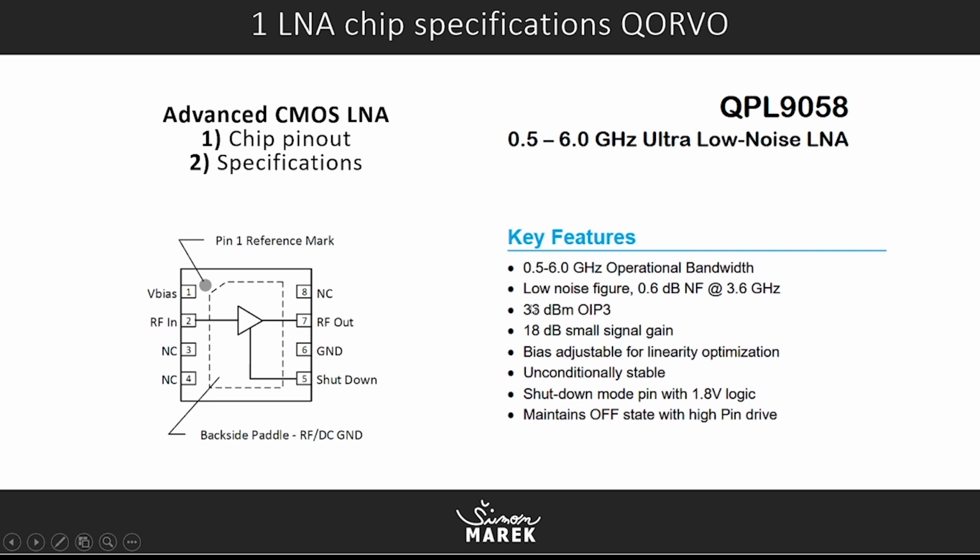You have dBm. This is our third order intercept point, and this is the power. Here is our small signal gain value, and it says it's controlled by 1.8 volts logic.